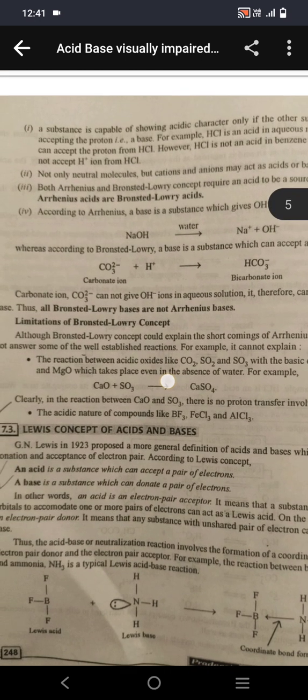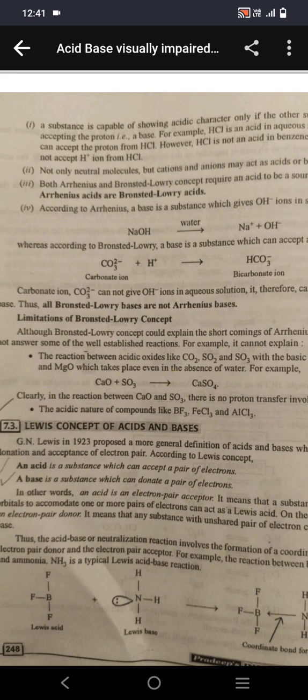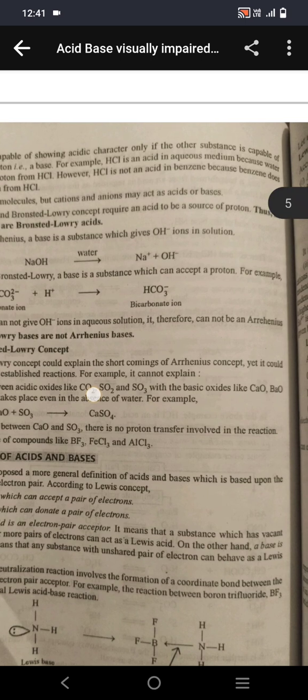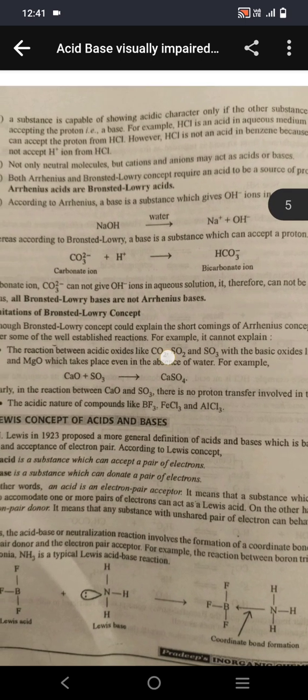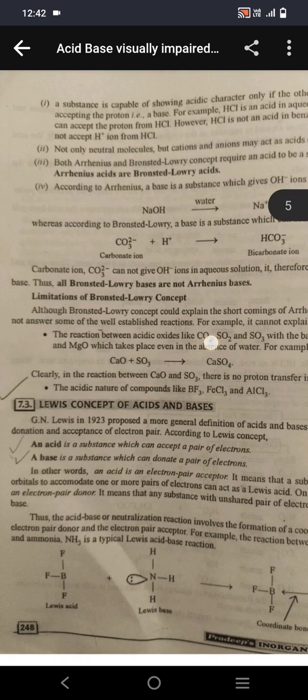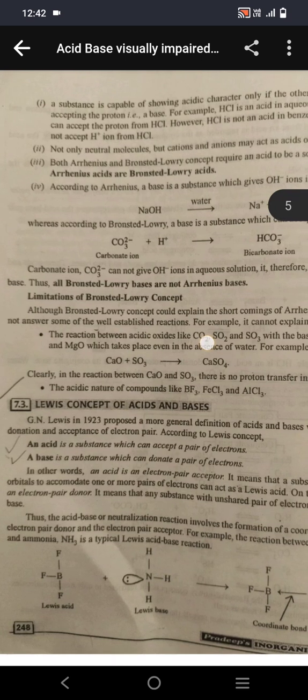For example, CO3²⁻ + H⁺ goes to HCO3⁻. Bicarbonate ion is formed. Carbonate ion CO3²⁻ cannot give OH⁻ ions in aqueous solution. It therefore cannot be an Arrhenius base. Thus, all Bronsted-Lowry bases are not Arrhenius bases.